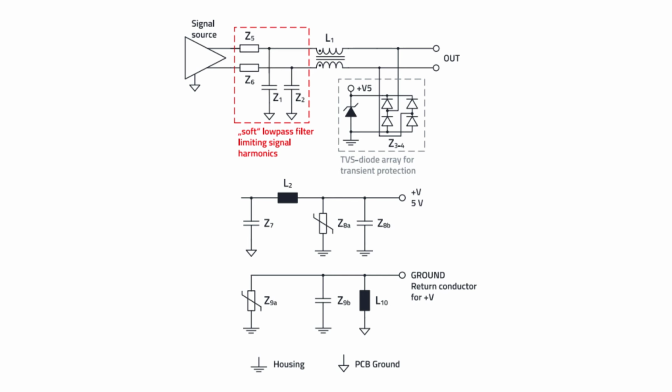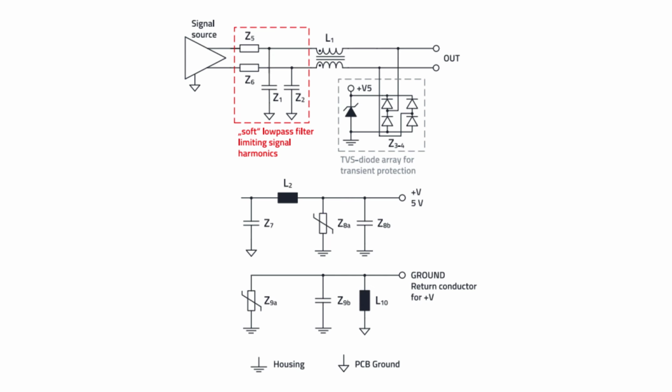After we have our inductor, we need to determine our Z1, Z2, Z5, and Z6. Our capacitors, Z1 and Z2, and our matching resistors, Z5 and Z6, all form a soft low-pass filter to limit signal harmonics or high-frequency noise produced by the controller. The values of the resistors depend on the signal controller and its imbalance or mismatch, and must be selected according to the measurement results.